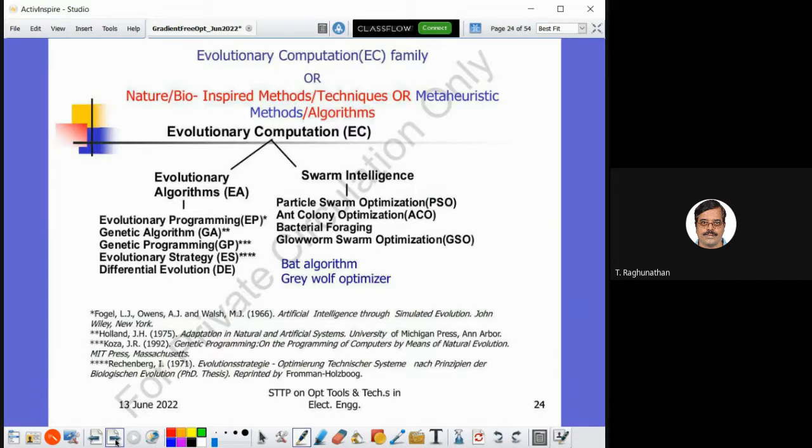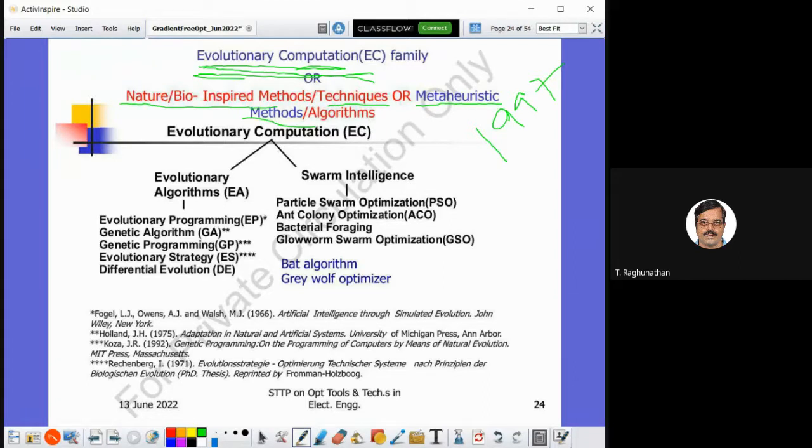We come to the evolutionary computation family of methods. They are known by many names. In the workshop, I said metaheuristic methods because that is currently the most popular name. The oldest name was evolutionary computation. The IEEE Transactions on Evolutionary Computation started in 1997, some 25 years back.